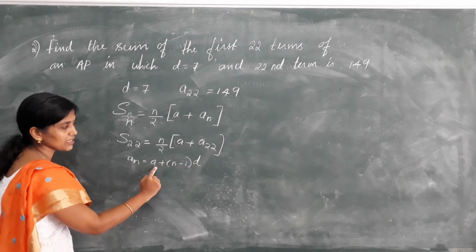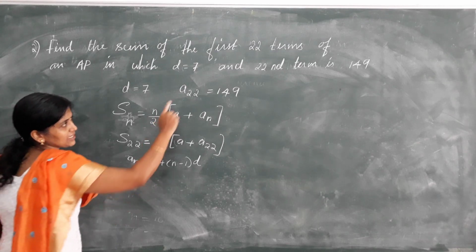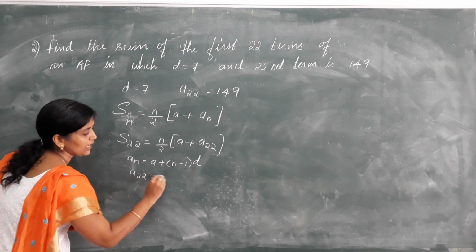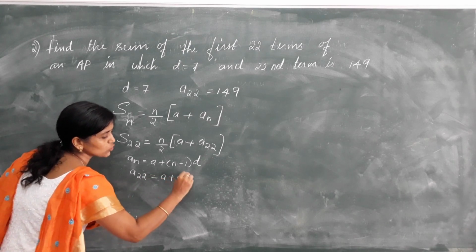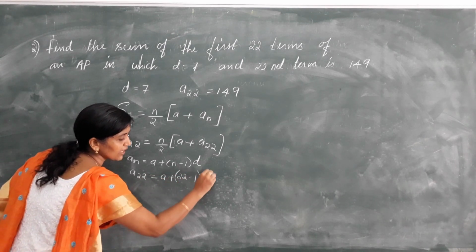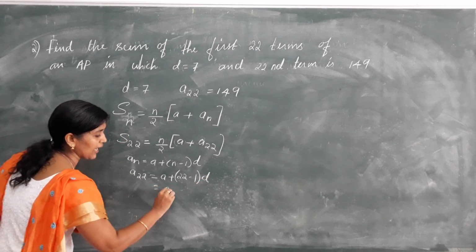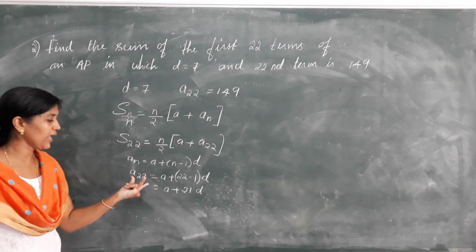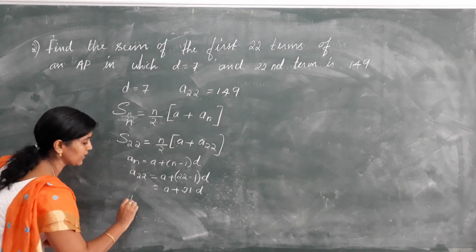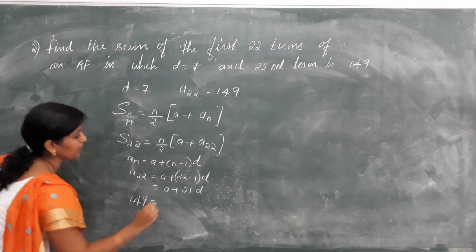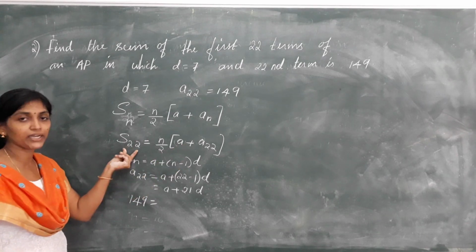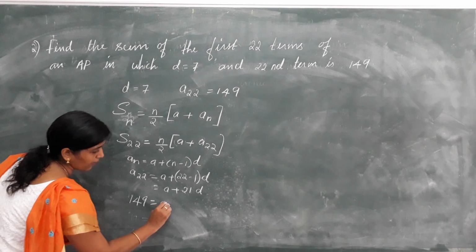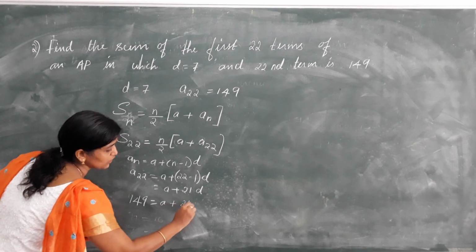So when you take it as A22, you can write A22 is equal to a plus 22 minus 1 into d, that is equal to a plus 21d. Now we know A22 is 149. We have to find a, and only then will we be able to find S22. So write it as a plus 21 into d.